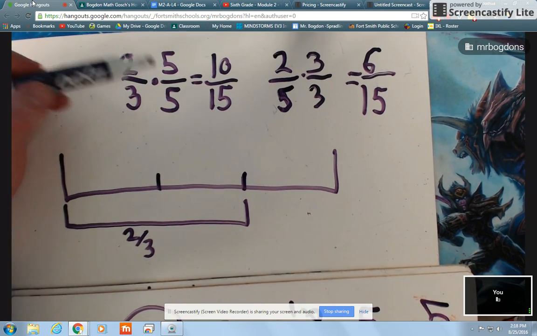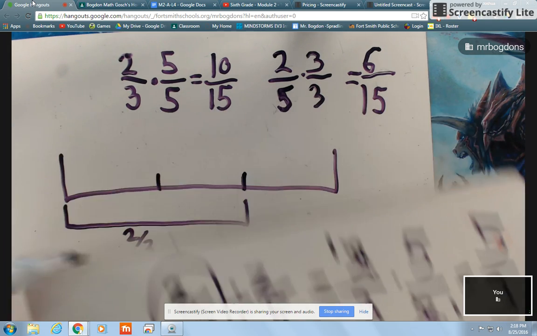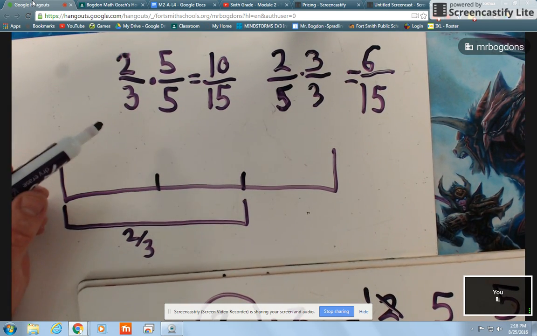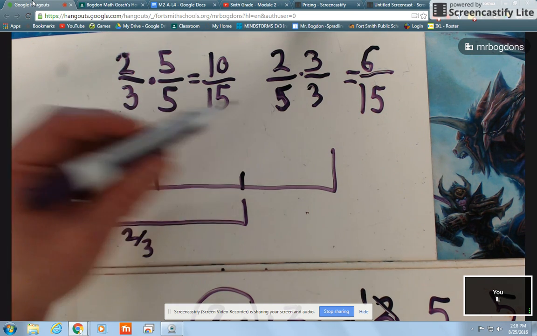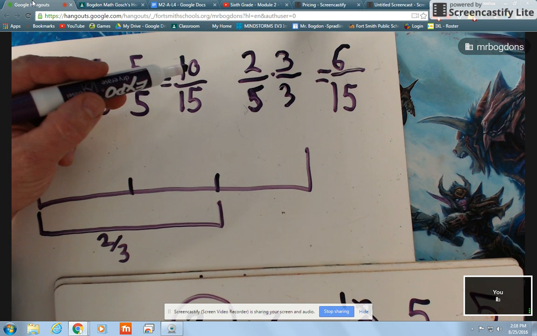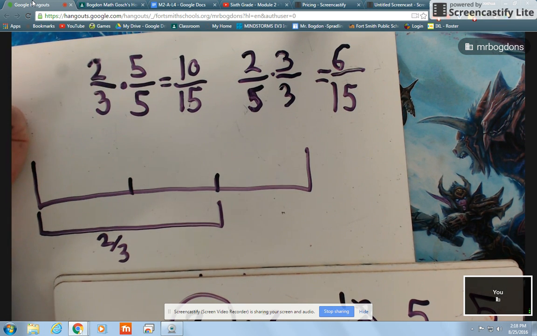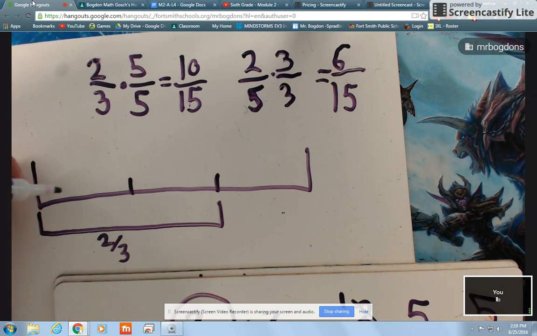Now I'm dividing it into 2/5 size. But we've already figured out that when we're modeling, we need to have equivalent denominators. So now it would be a good time to split it into 15ths. Why am I splitting it into 15ths? Yes, because I'll have common denominators.